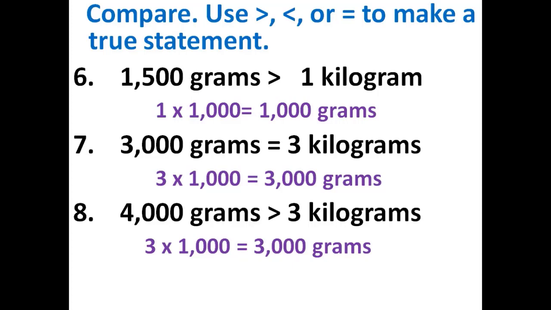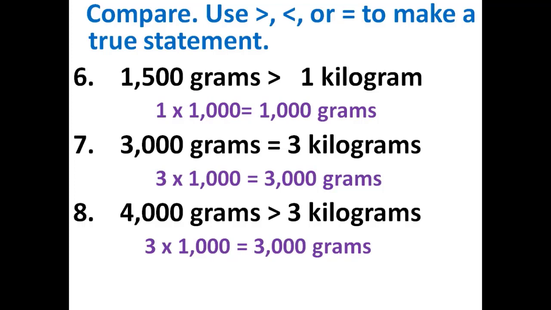You see the working in the second line, 3 multiplied by 1000 is 3000 grams. Both are same. One side is 3000 grams and the other side is 3 kilograms, that is 3000 grams. Both are same. We will put the sign of equal.